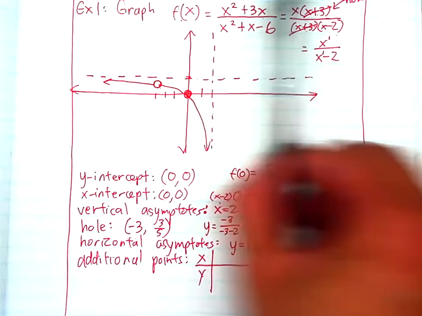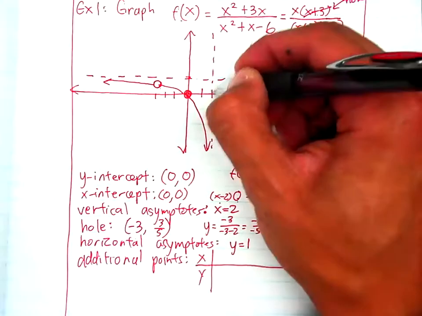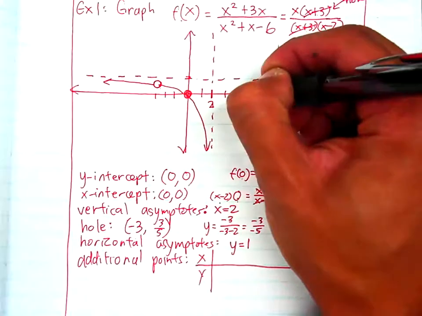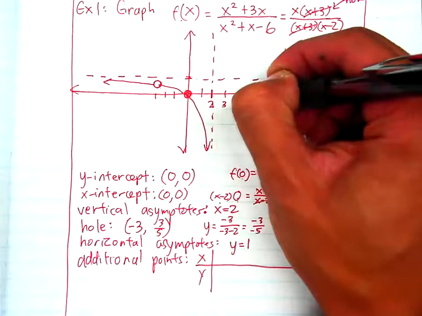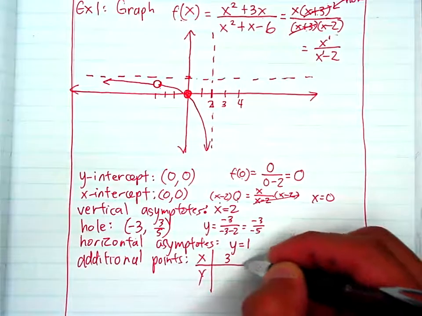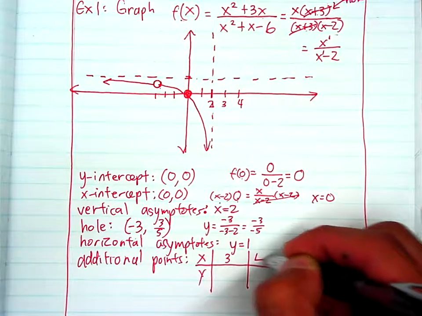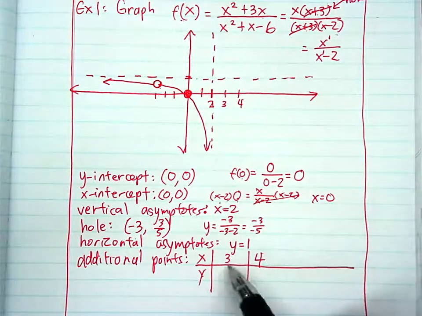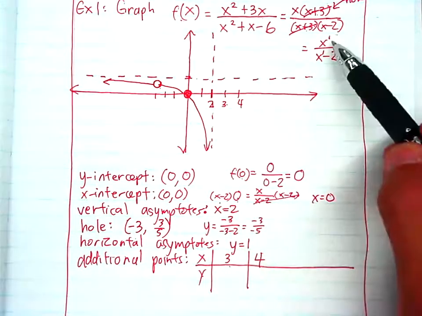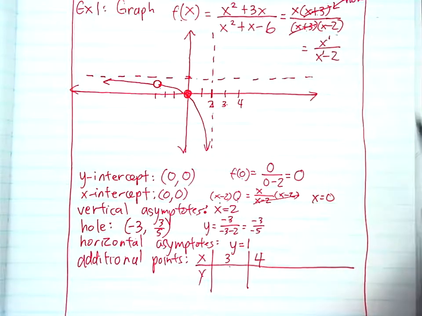I also need a graph to the right side of the vertical asymptote. So since this is 2, my additional points will probably be 3 and 4. I want to graph a couple just to see the behavior of the graph. If I graph 3, I'm going to plug into this equation right here.